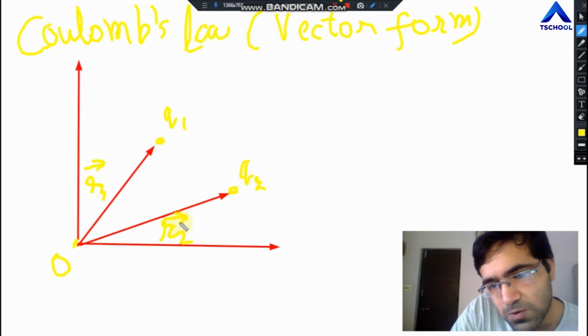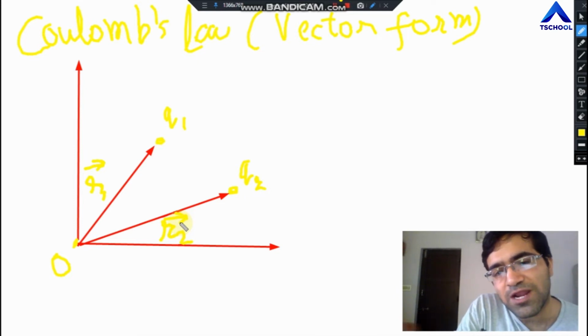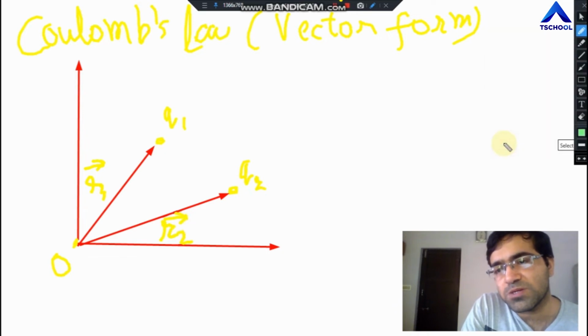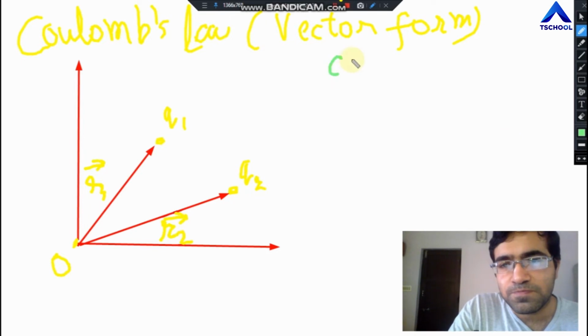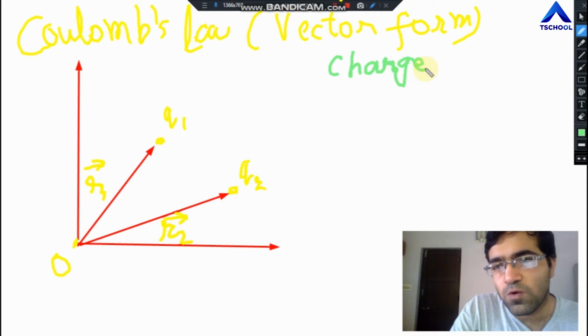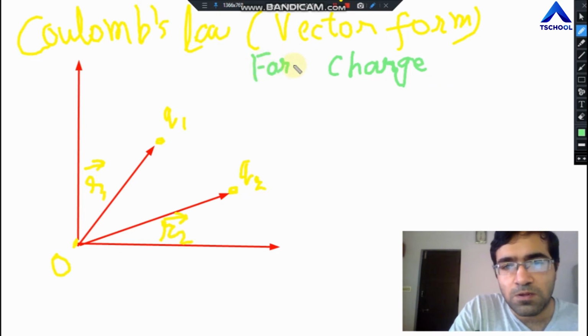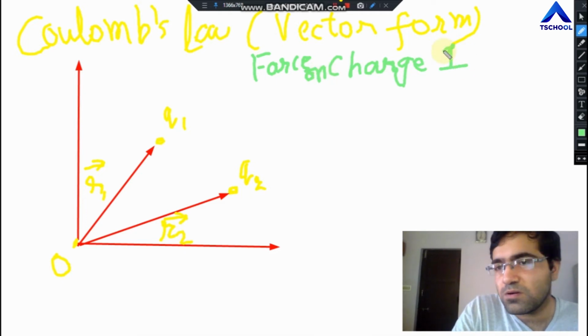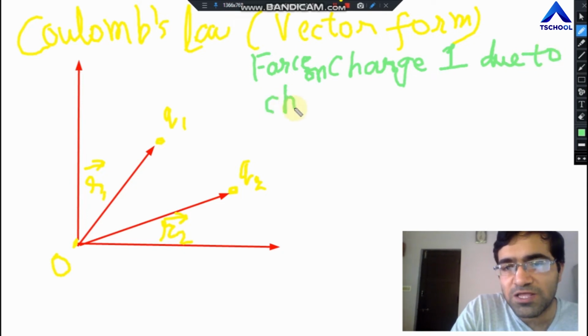Now I want you to think about the direction in which charge 1 gets a force from charge 2. So we are talking about the force on charge 1 due to, or by, charge 2.